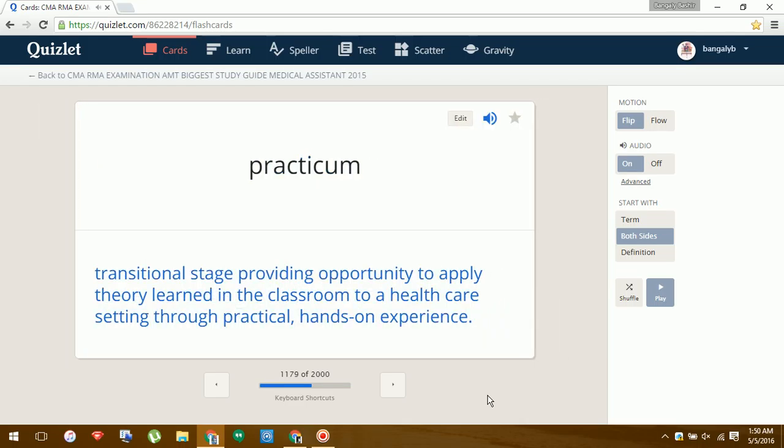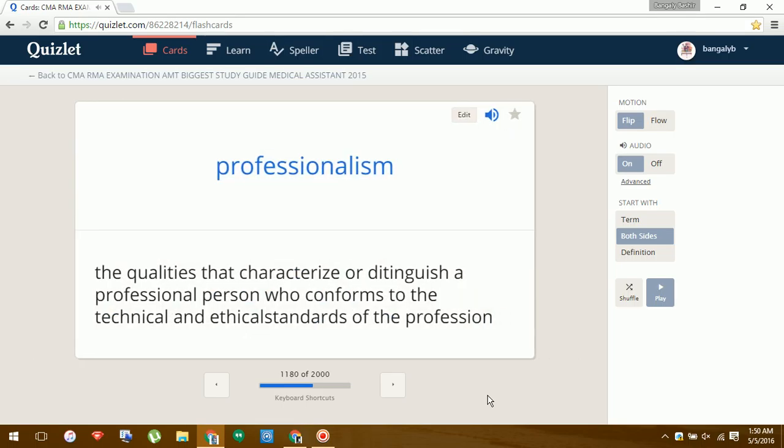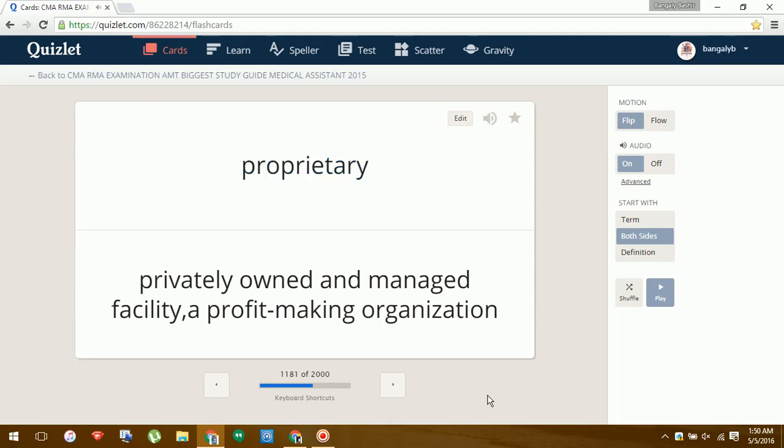Practicum. Transitional stage providing opportunity to apply theory learned in the classroom to a healthcare setting through practical, hands-on experience. Professionalism. The qualities that characterize or distinguish a professional person who conforms to the technical and ethical standards of the profession. Proprietary.